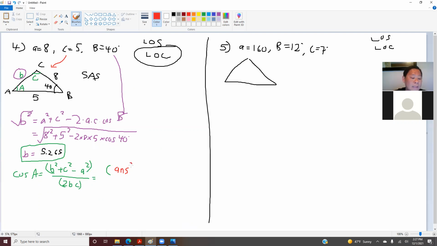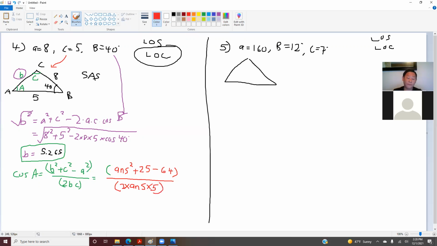ANS stands for your previous answer, which is this 5.265. So if you are lazy to type 5.265, I will put ANS. So you put ANS squared plus c squared, c in this case is 5, so 5 squared, which is 25, minus a squared, 8 squared, 64. Close your parentheses. Over, open your parentheses, 2 times b, b is this number, so I will use ANS, times c, c is 5.